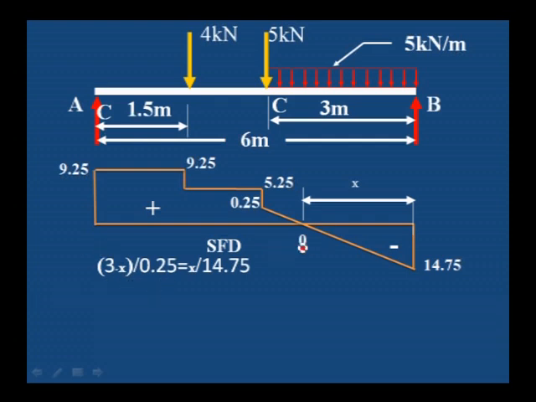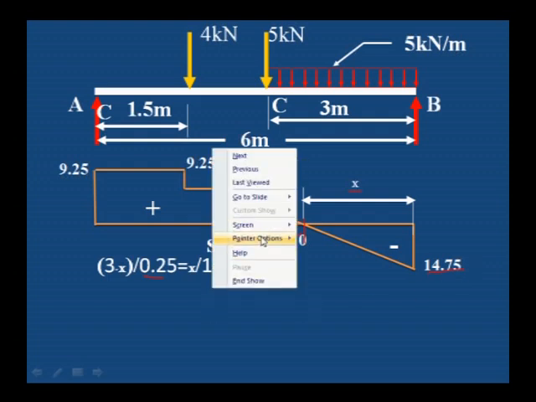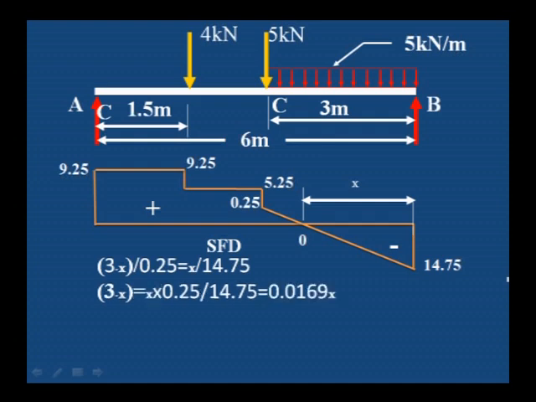So 3 minus x divided by the 0.25 shear force value is equal to x divided by 14.75. Therefore, if we carry out the cross multiplication, x is equal to 2.95. This shear force changes its sign at a distance of 2.95 from the B point.